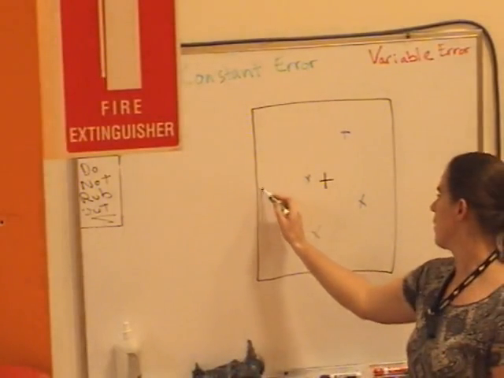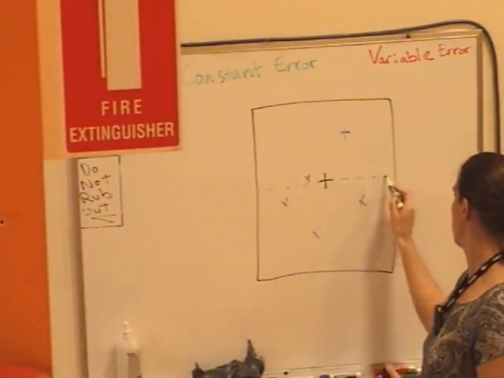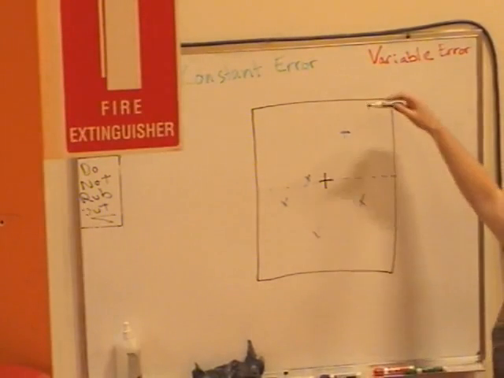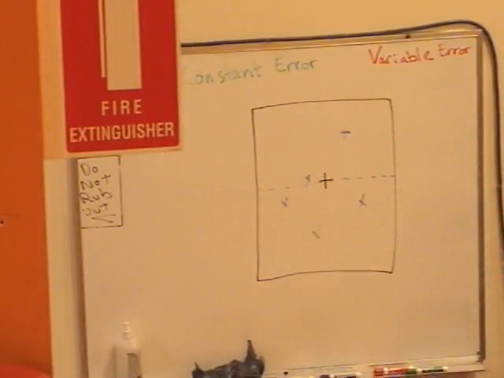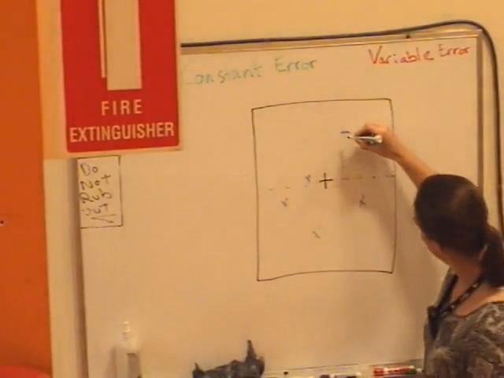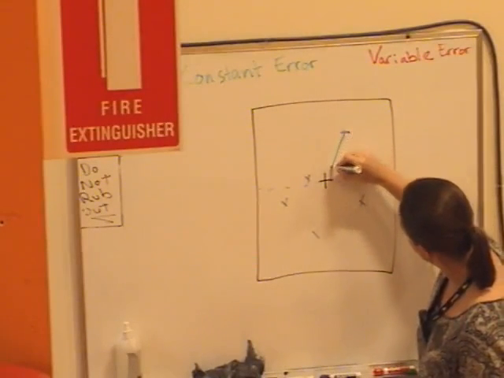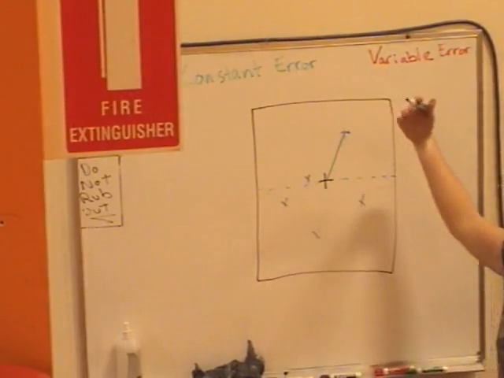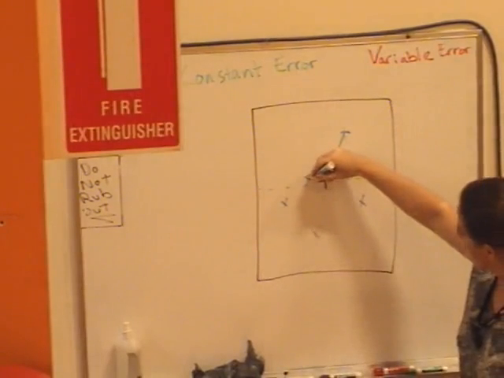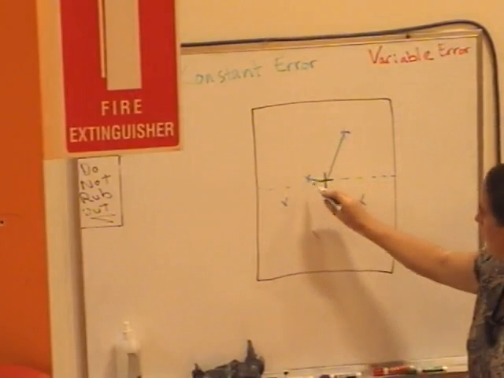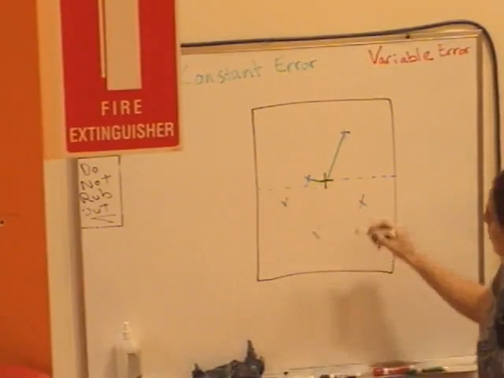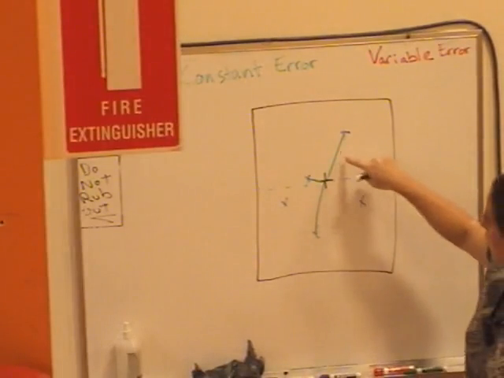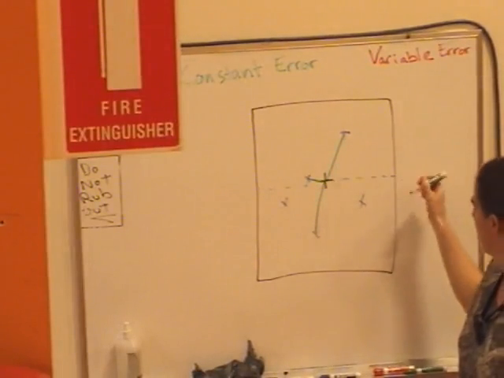So maybe here you would be like, okay, what's positive and what's negative, what's above the X and what's below. And so this constant error would be that distance from that target, but on the plus side. And here it would be a positive, whatever that distance is. And here it would be that distance.